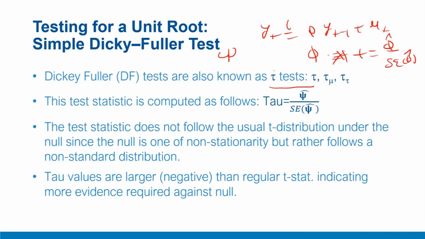Why are these called tau tests? Because these are not your regular regressions. There is a possible non-normality in the process. So the corresponding test statistic for psi is not the regular t statistic. It is different. We call it the tau test, and the value of tau, its notation is similar, which is psi hat, the estimated value of psi, upon the standard error of psi hat.